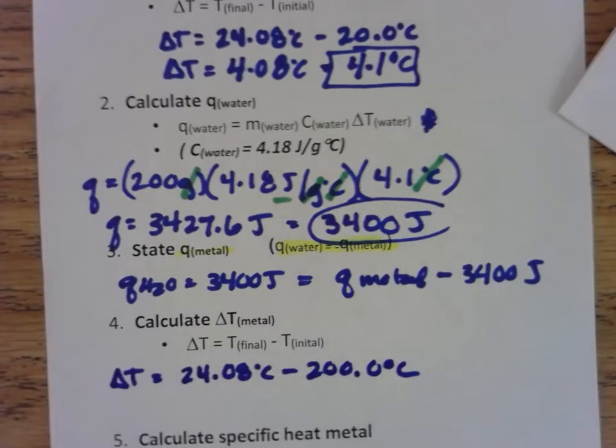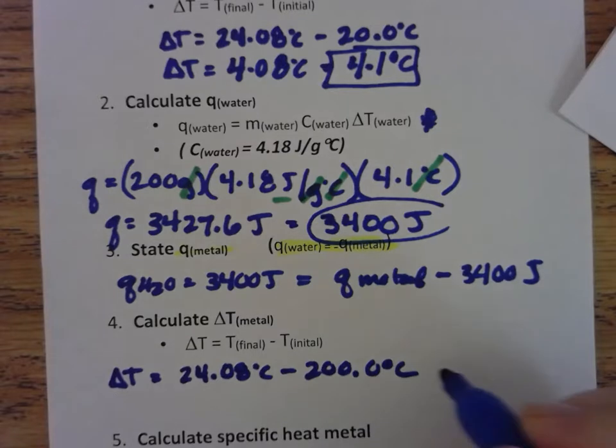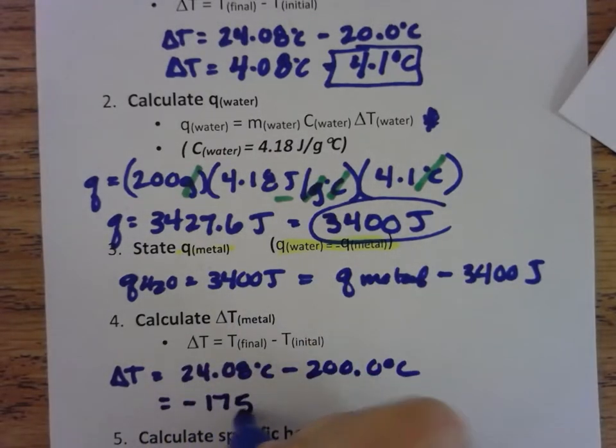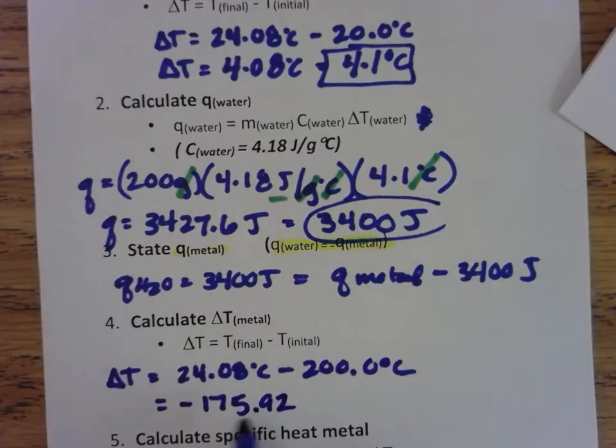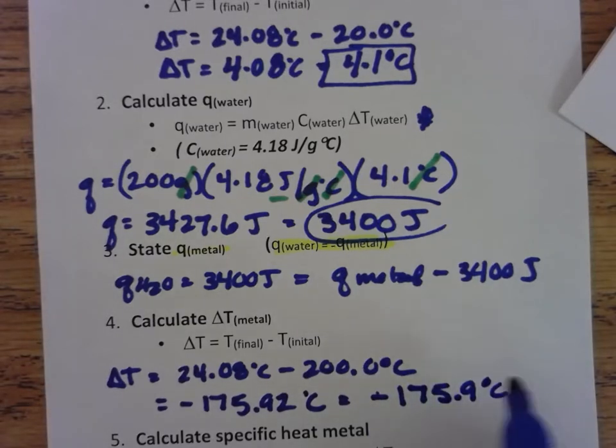And that is 24.08 minus 200 is equal to a negative 175.92. I can't report all that. I can go out to one place because there's one place here. So that is my change in temperature.